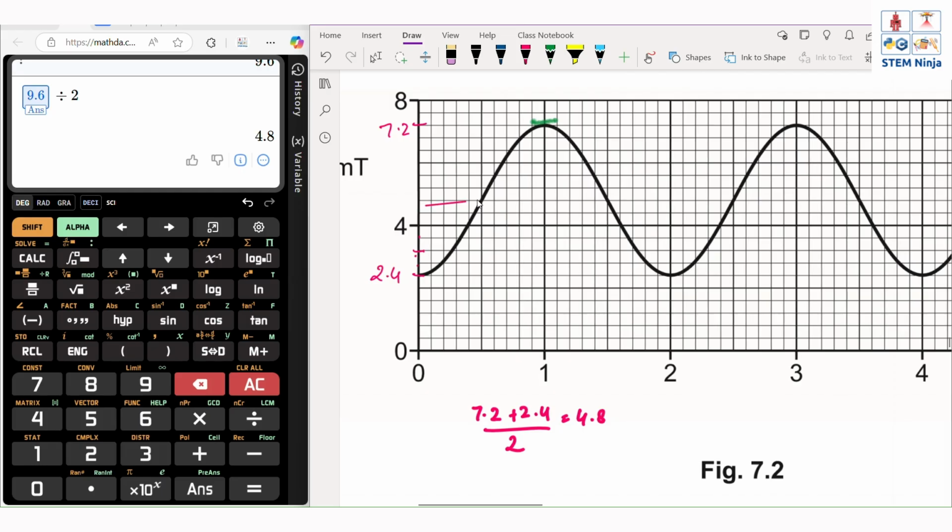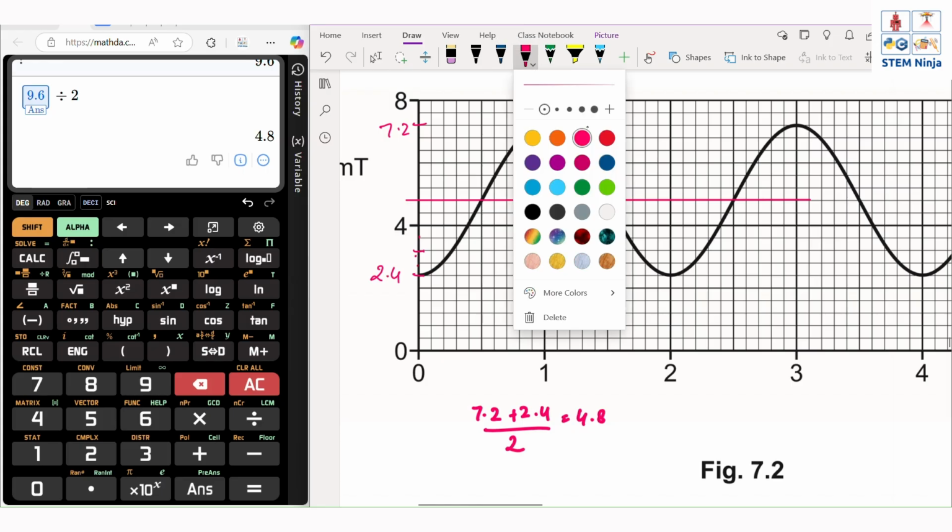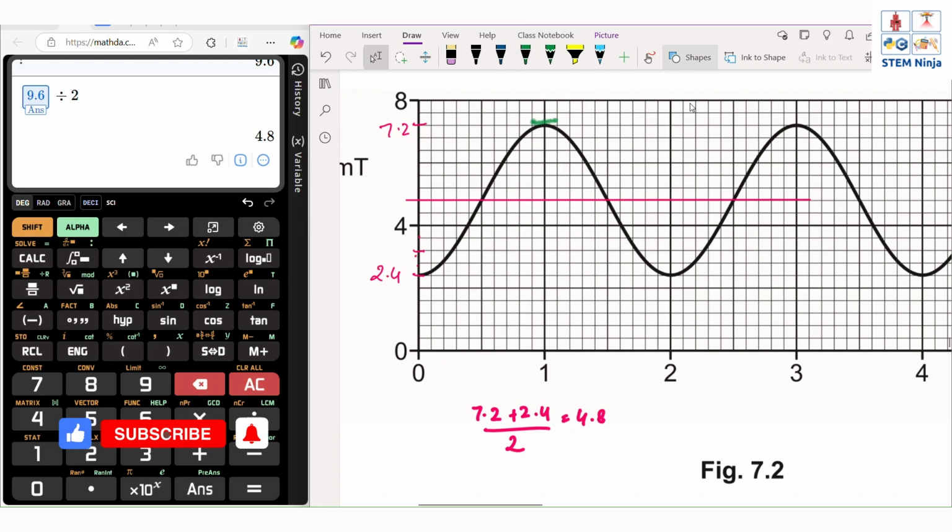So 4.8 is this one. So this is the mean position for the graph. Now we need to draw a tangent over here. So we will choose a different color for this. Let's choose green. And we need to make a line through this.